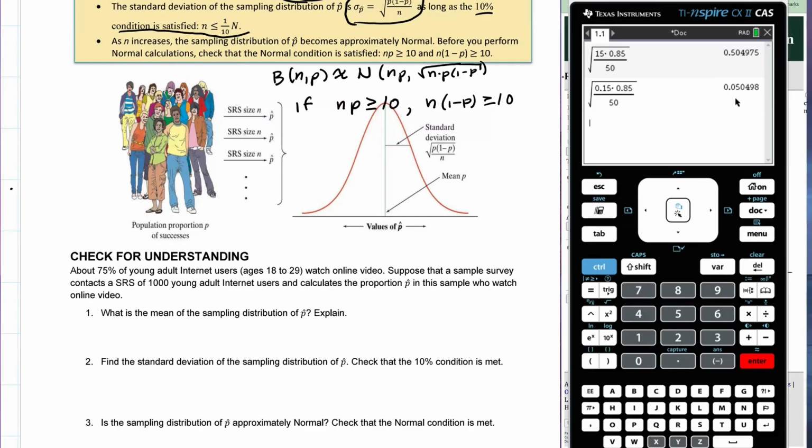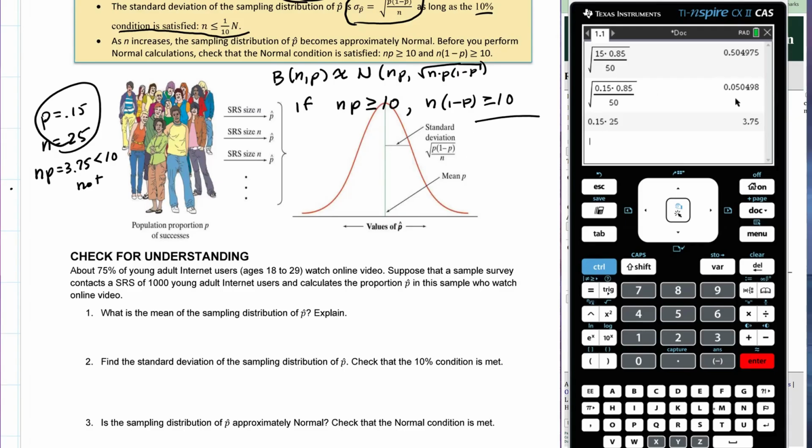In the case of p being equal to 0.15 and n being 25, well, 0.15 times 25, how many? Oh, we only expected 3.75 successes, and that value is less than 10. And that explains why in that combination, we saw a distribution that didn't look approximately normal.